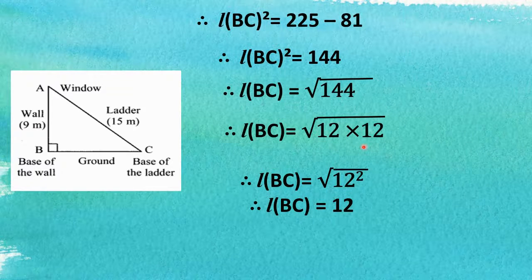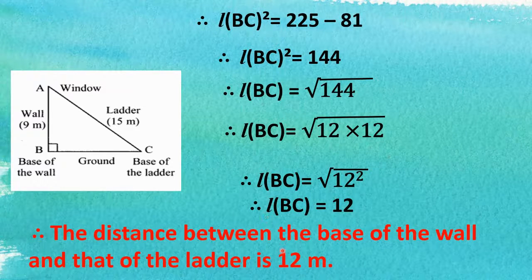So we can write like this also, length of BC is equal to square root of 12 square. So we can easily cancel square and square root. Therefore length of BC is equal to 12. So the distance between the base of the wall and that of the ladder is 12 meter.